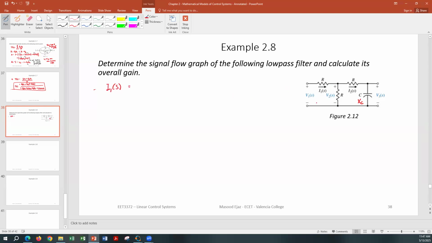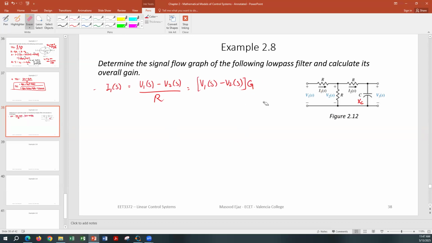V1 minus V2 divided by R. And we can write this down as V1 times 1 over R, which is the conductance.